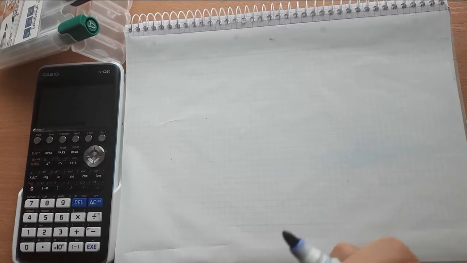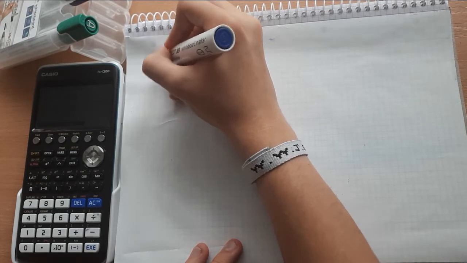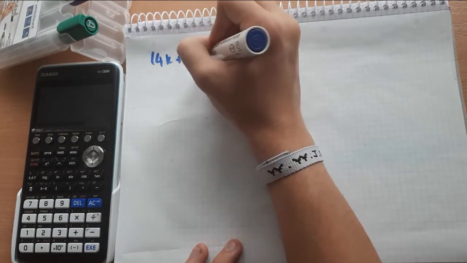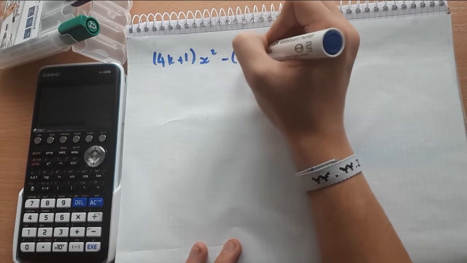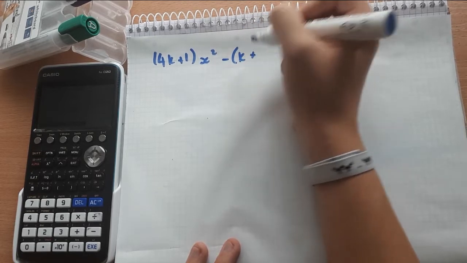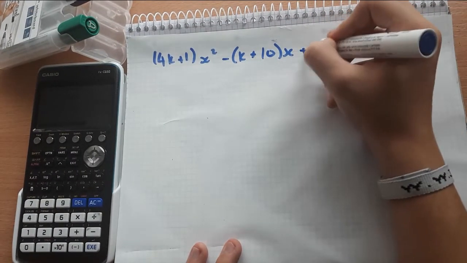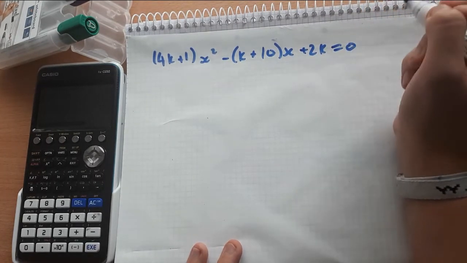Okay, so our next question is, we have our equation (4k plus 1) x squared minus (k plus 10) x plus 2k is equal to 0.